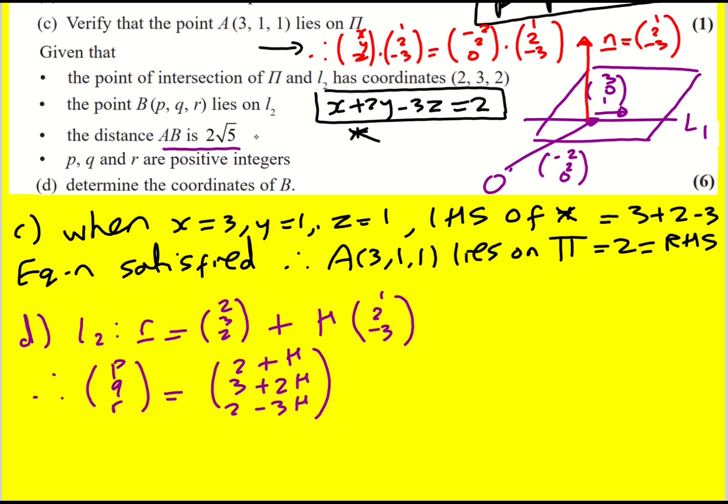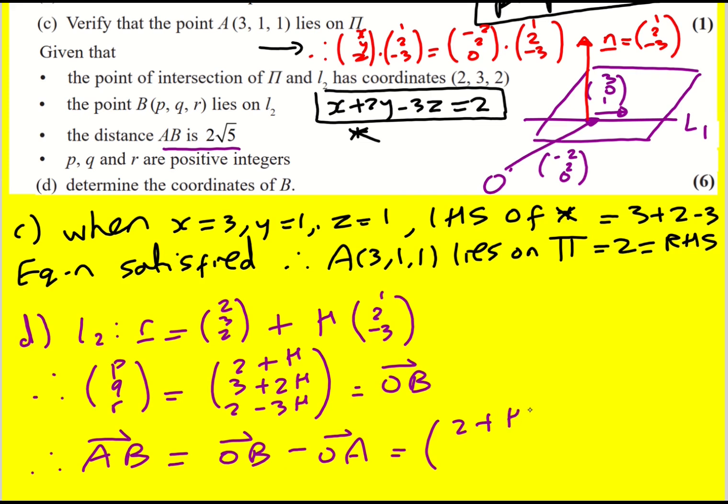We're told the distance AB is 2 root 5. So remember, this is actually OB. Therefore, AB is going to be OB minus OA, which is then going to be (2 + mu, 3 + 2mu, 2 - 3mu) minus (3, 1, 1).